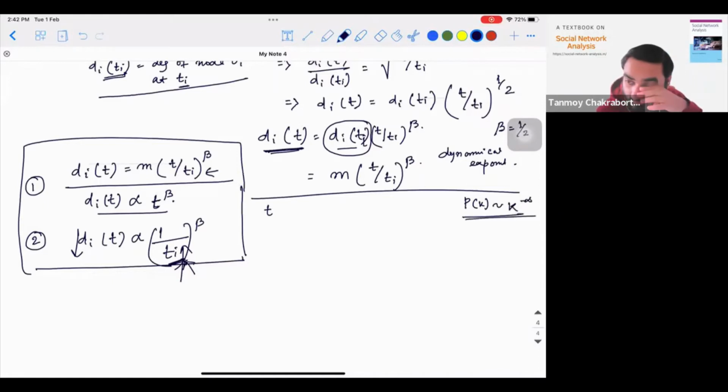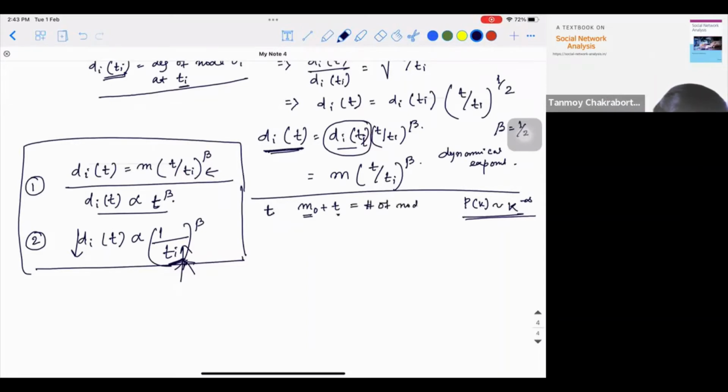Pk is the degree distribution. At a particular time t, how many nodes are there? m0 plus t nodes are there. m0 is the initial number of nodes, and t is the number of nodes which have joined till time t. And so this is the total number of nodes.